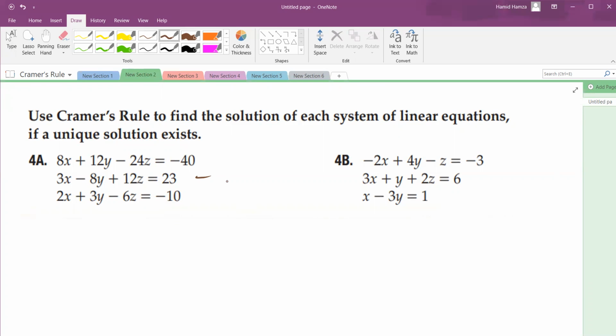So now to start, I'll show you how to use your calculator to find the value of the determinant. Okay, now hit mode and look for matrix.